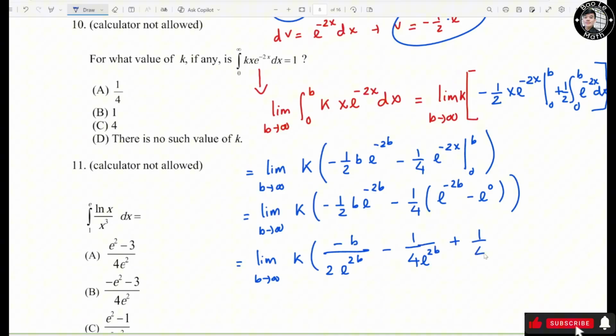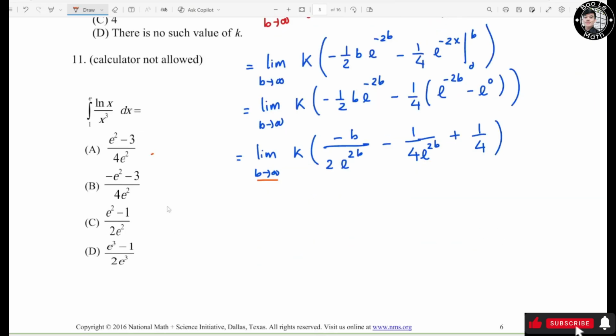plus 1 over 4. So we have limit when b approaches infinity of negative b over 2 e to the 2b equals limit when b approaches infinity of negative 1 over 4 e to the b, right?